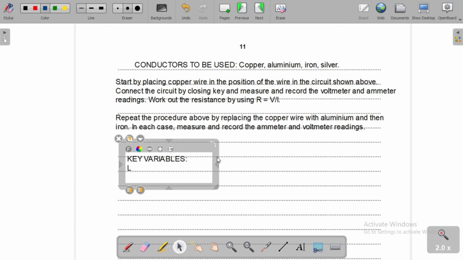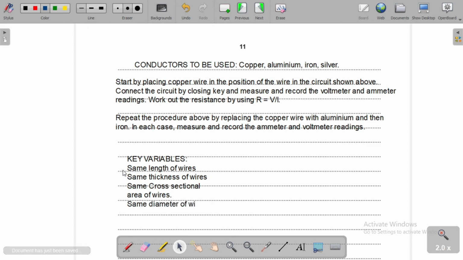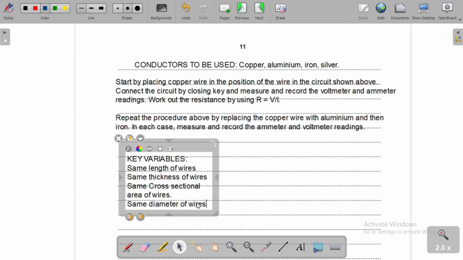One, we have same length of wires, same thickness of wires, same cross-sectional area of wires, same diameter of wires.